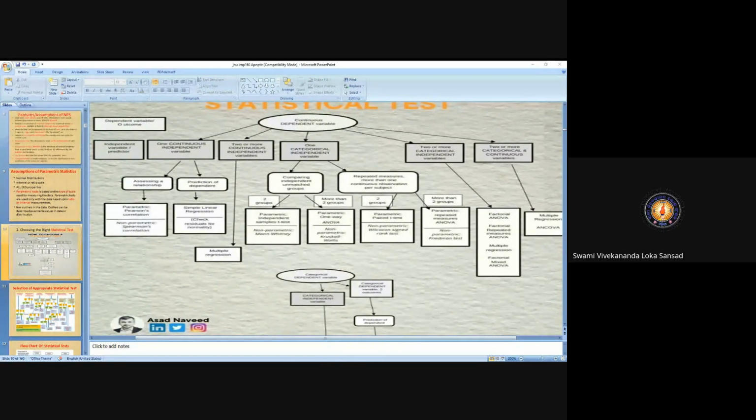Sir, we can see the PPT, but we are unable to hear. Yes, the voice is not coming. Just give me one second. Sir, please click on the middle button. That is the audio button.